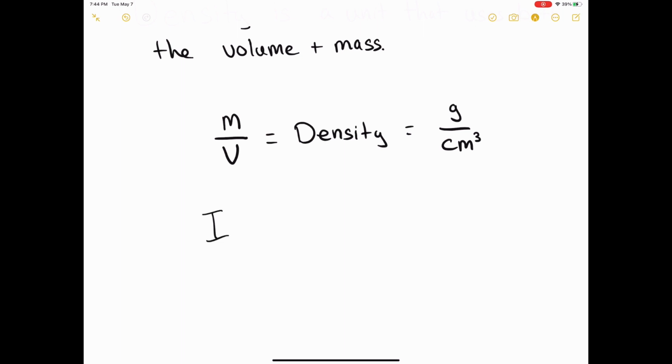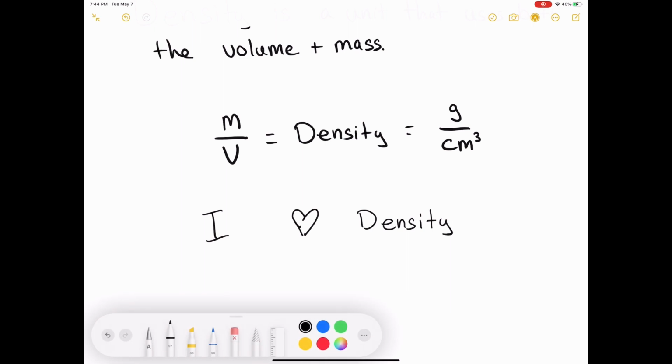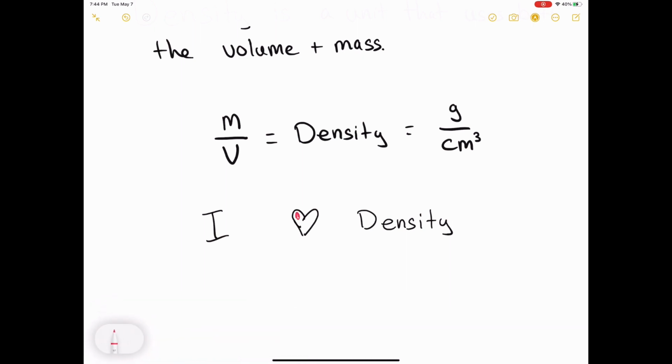People forget how to calculate density, so I'm going to show you a secret. If you can remember, I love density. I don't care if you love density or not. Let's just go along with it. I love density. This will show you how to always calculate density correctly.